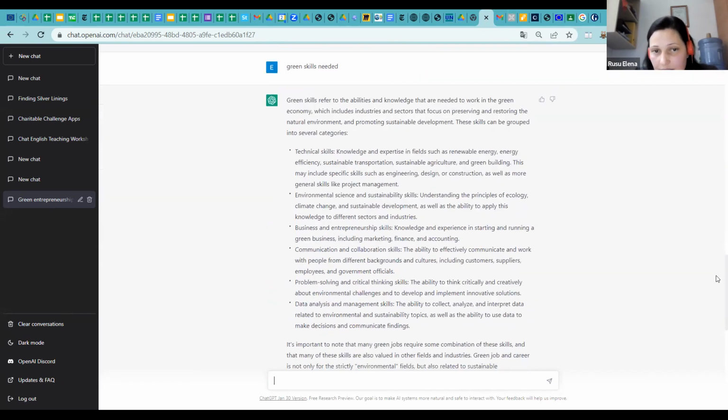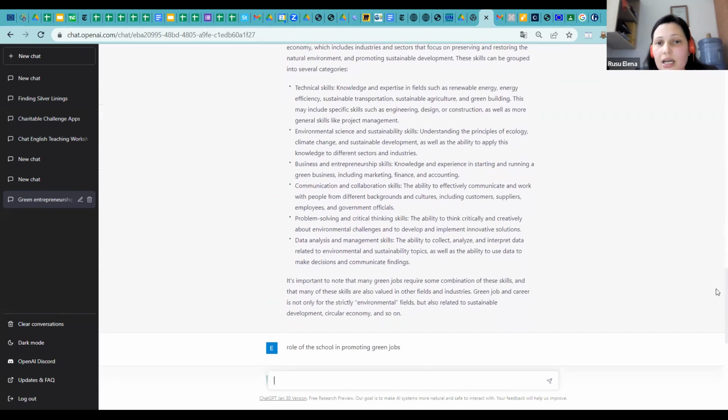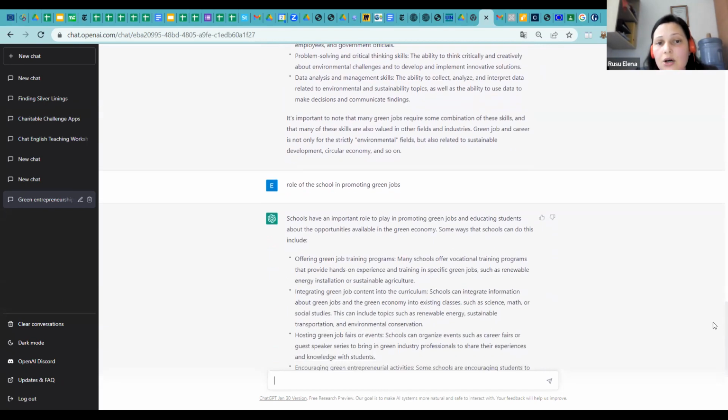Green skills needed. And I found that the students need technical skills, environmental sciences and sustainability skills, business and entrepreneurship skills, problem solving and critical thinking skills, and data analysis and management skills. Role of the schools in promoting green jobs.